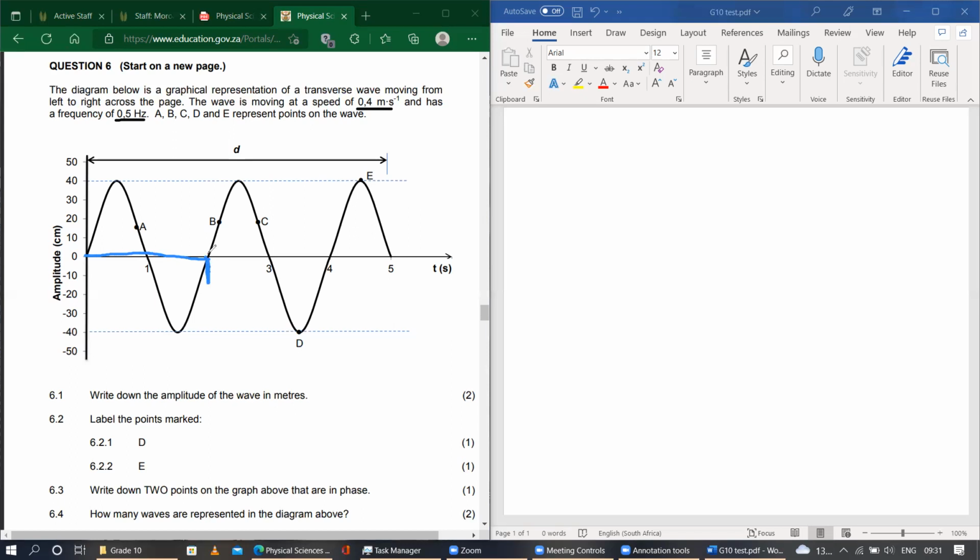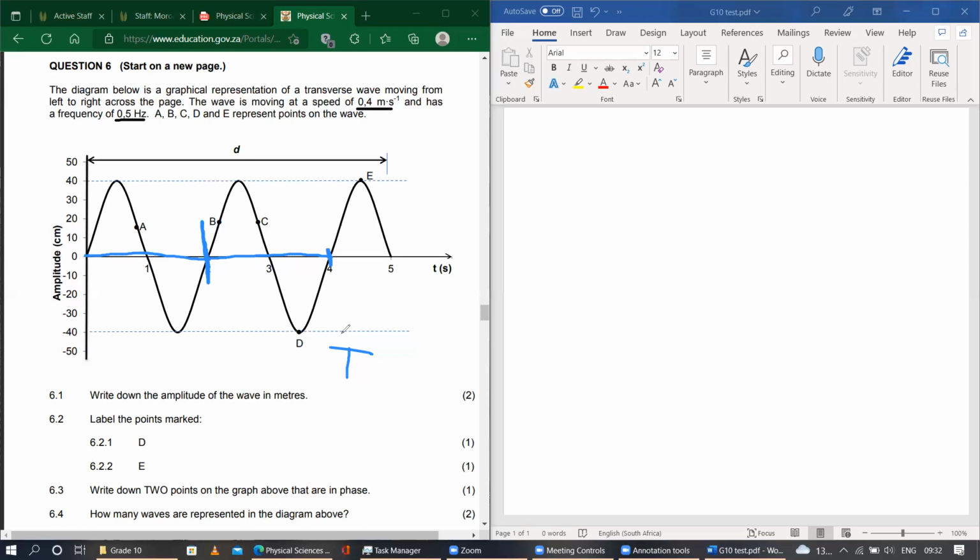So the time it takes for this wave to occur is 2 seconds. And this one is going to start here, ending here, 2 seconds. So just from the graph itself, you can find the period. And period is capital letter T.